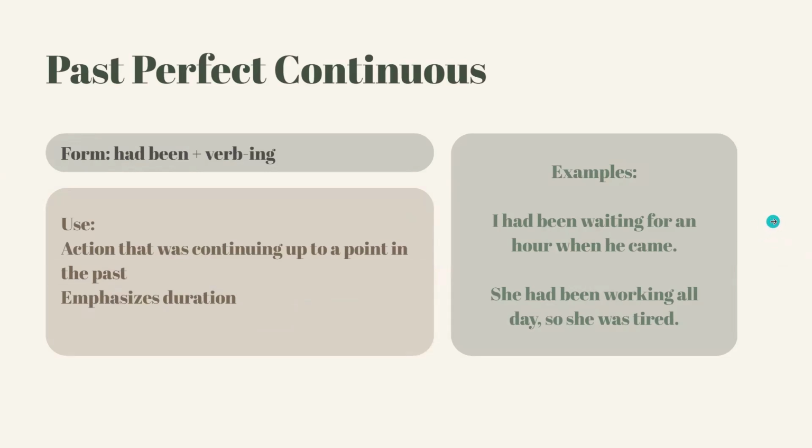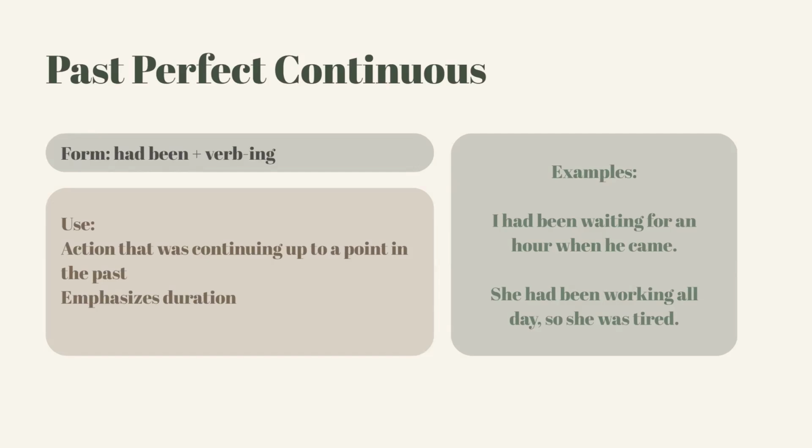So let's continue on to our last past tense. Our last past tense is past perfect continuous. So, ding ding ding, when you see continuous, you automatically add ing, okay? Never forget the ing. Because when it's continuous, it's ongoing, but in the past. Okay, we will see it.